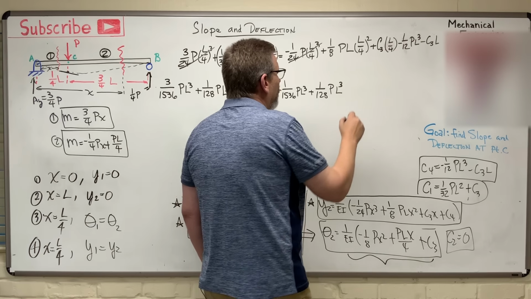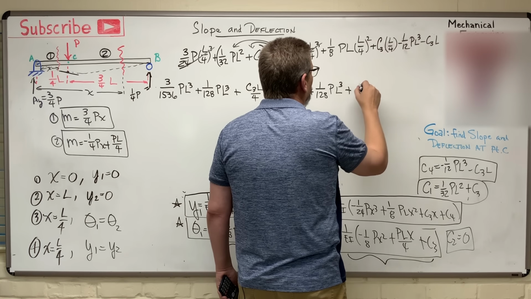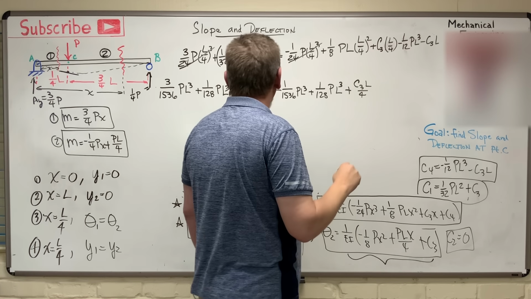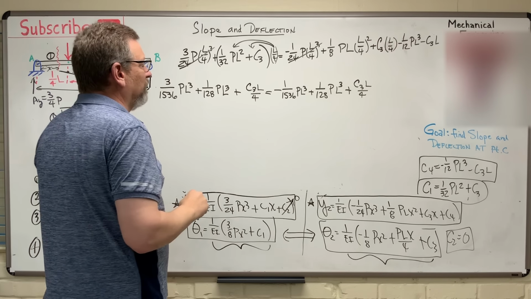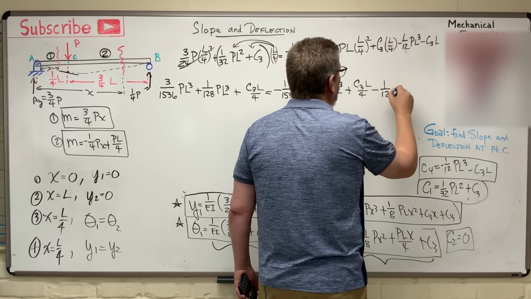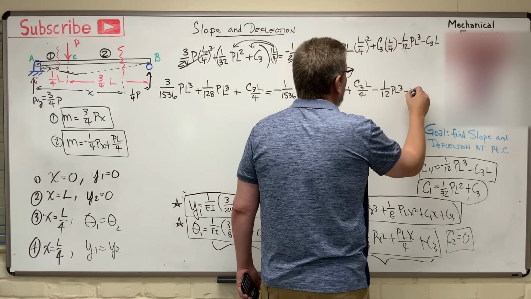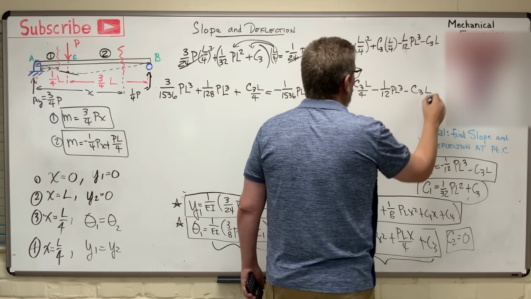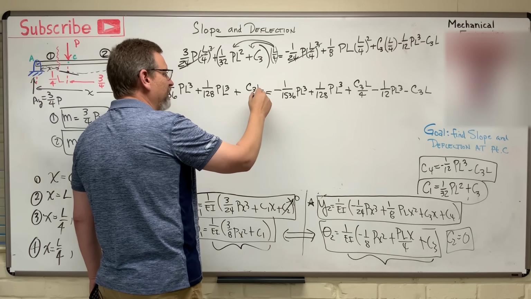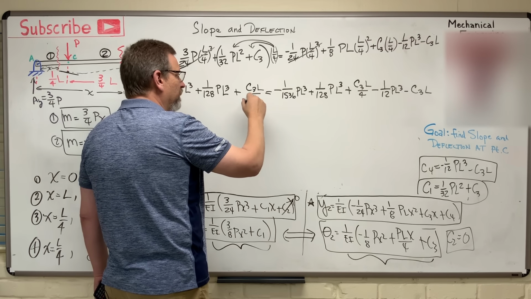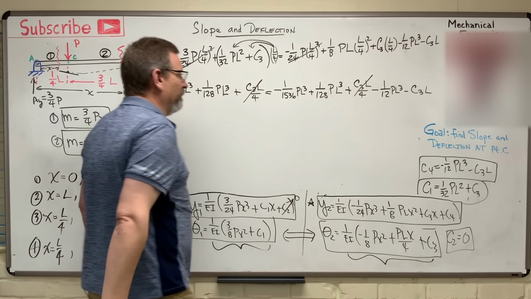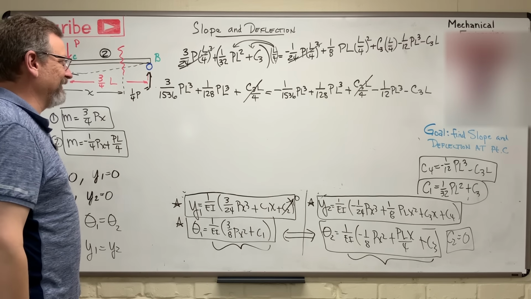Plus C3L over 4. And then minus 1 over 12 PL cubed minus C3L. Now if I take this C3L over 4 and subtract it on that side, whoop, those two go away, don't they? That's one easy thing.